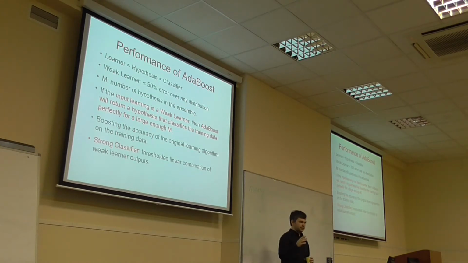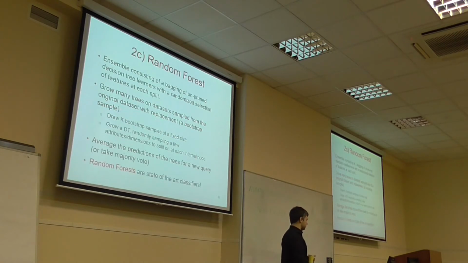So all this combination stuff is based on the assumption that our weak learners are not too weak. They at least give something more than random. Finally, hopefully, we'll get a strong classifier at the end.